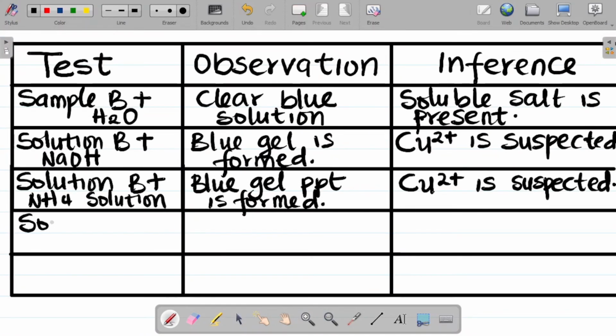So solution B plus nitric acid, HNO3. So I have this. Now, from this, what I saw here was that a blue gel solution was formed. That's the observation I made.